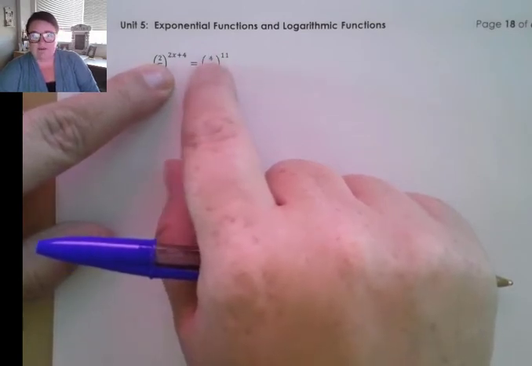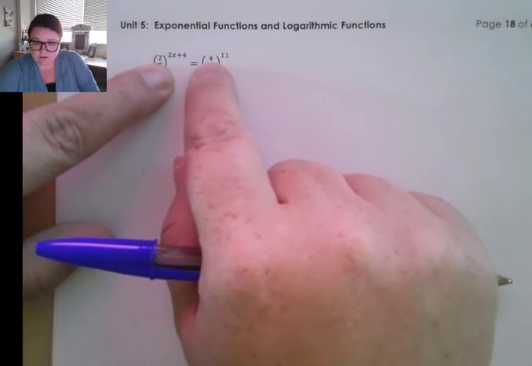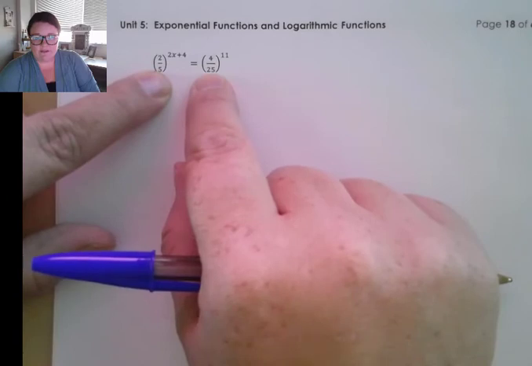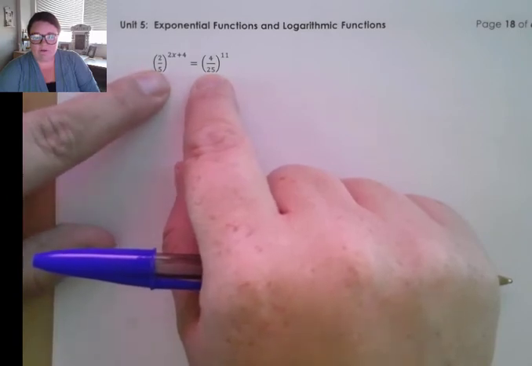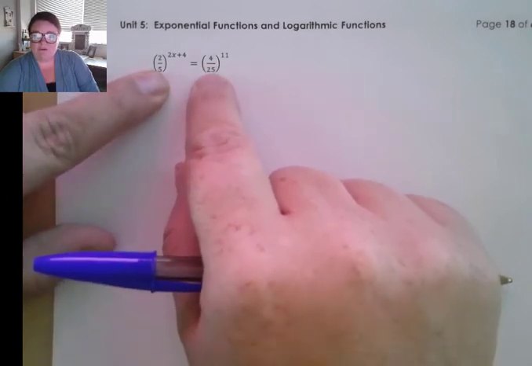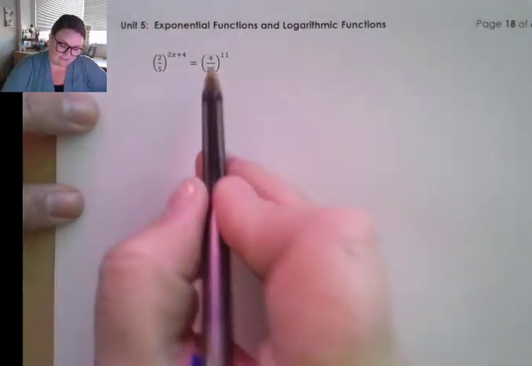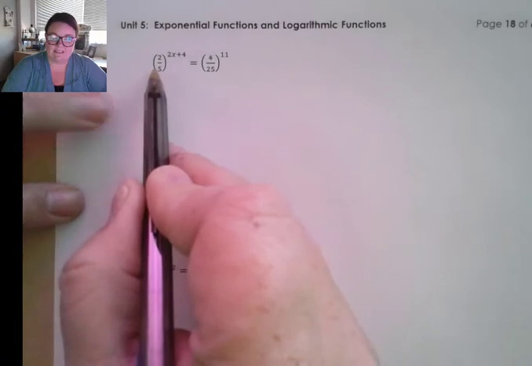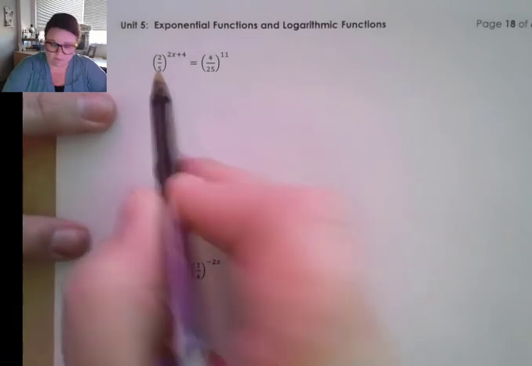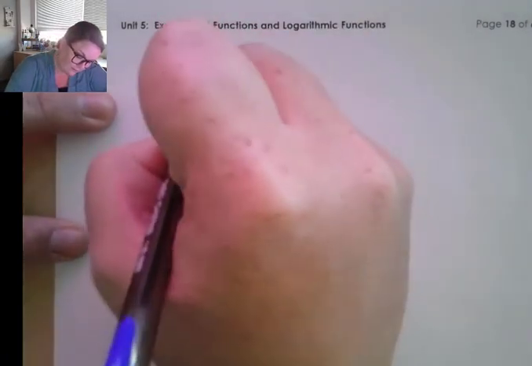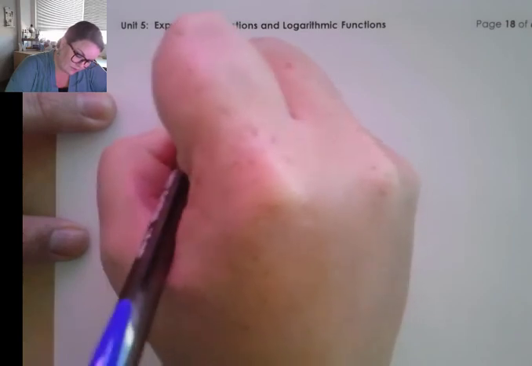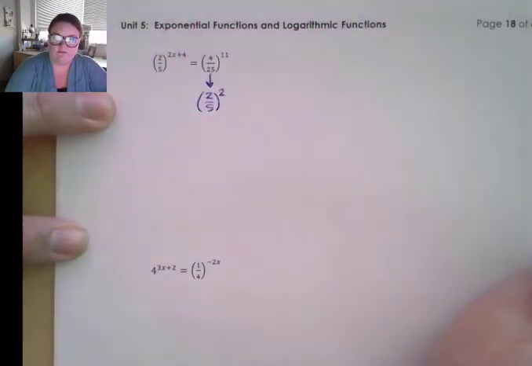So this side I could rewrite as 2 squared. So then I just want to check to make sure that still holds with the bottom, right? If I was just looking at the 5 and the 25, I would rewrite the 25 as 5 squared. So really what we're saying is this fraction can be rewritten as the smaller fraction squared. So we could write this as 2/5 squared, right?